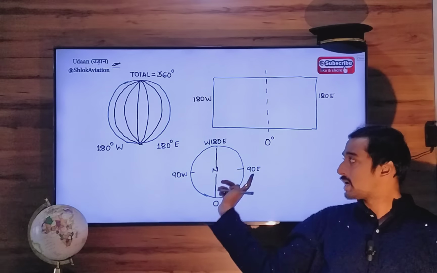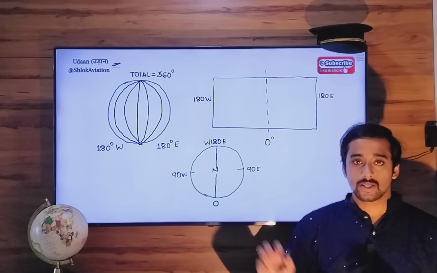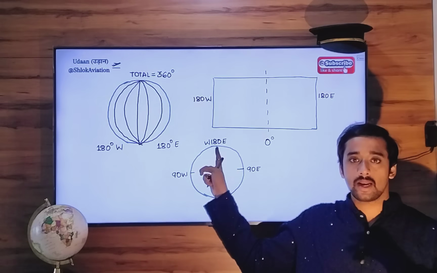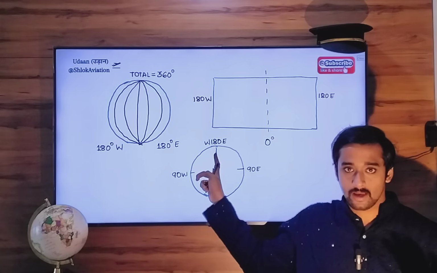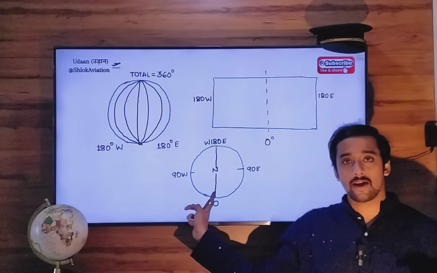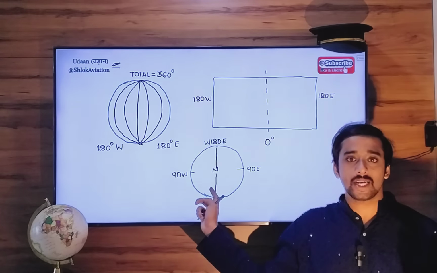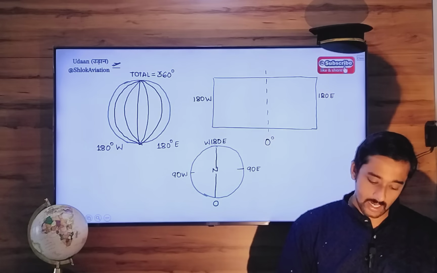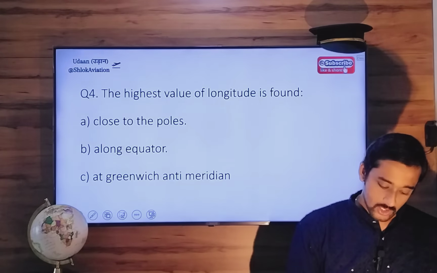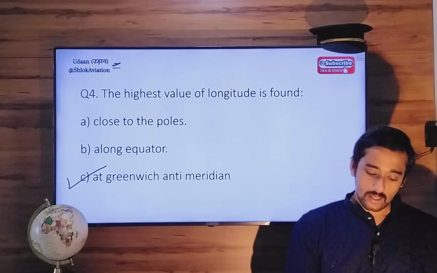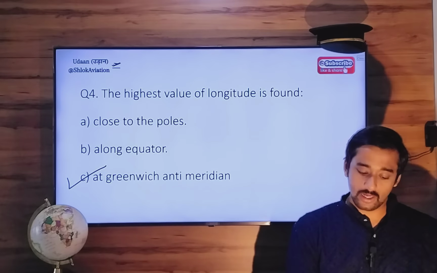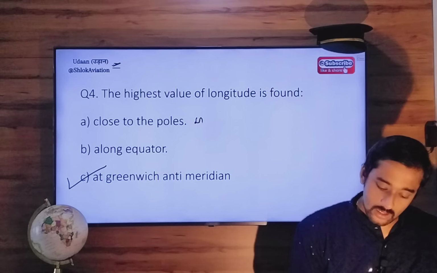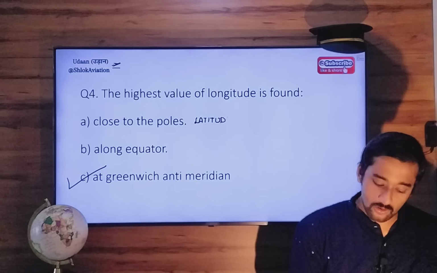So the highest value of longitude is the 180-degree anti-meridian of any particular meridian. Okay. So in this case, they have considered the prime meridian, and the anti-meridian of this prime meridian will be this line, the international date line or 180-degree anti-meridian. So option C is the correct option. Now the highest value of longitude is found at the Greenwich anti-meridian. The highest value of latitude is found close to the poles.